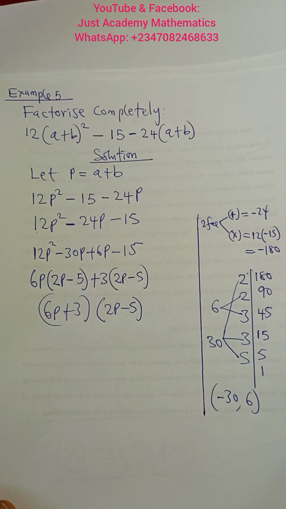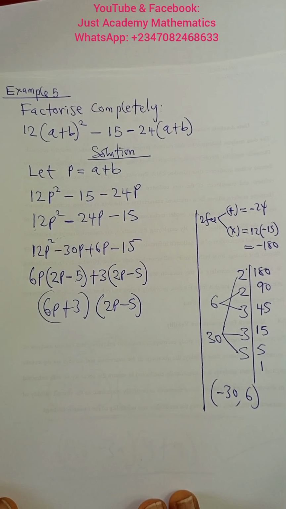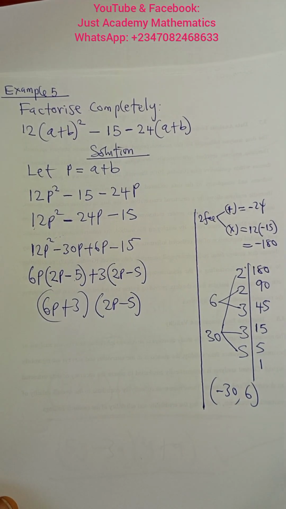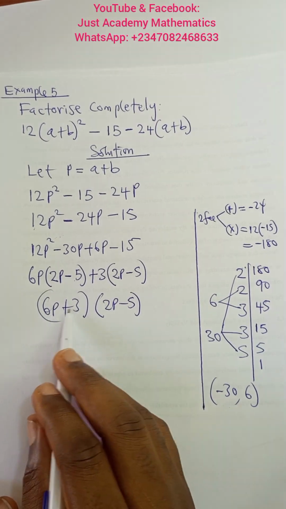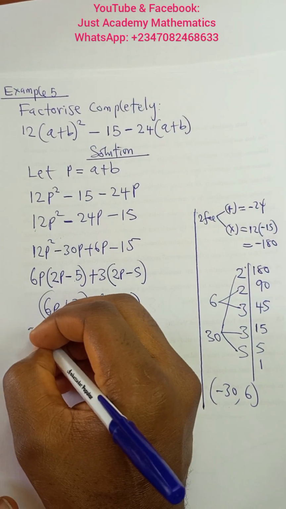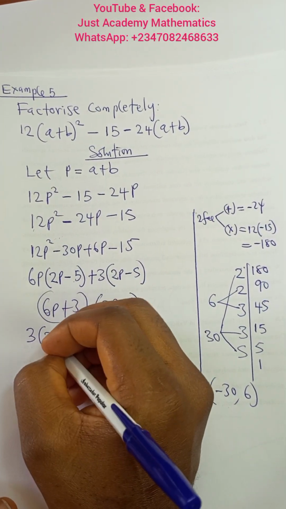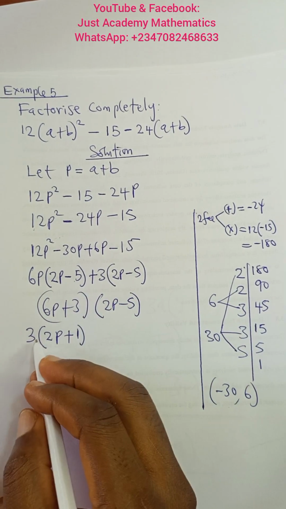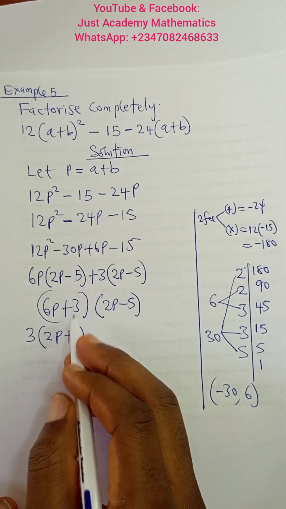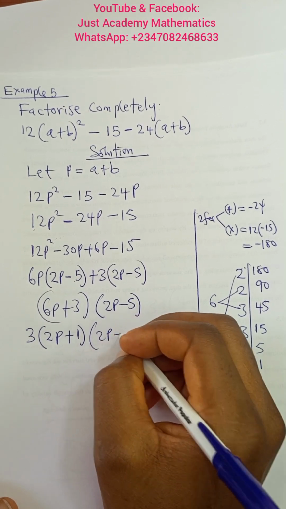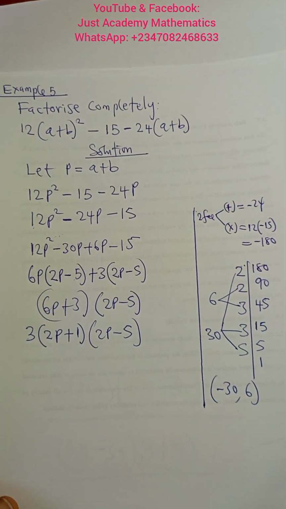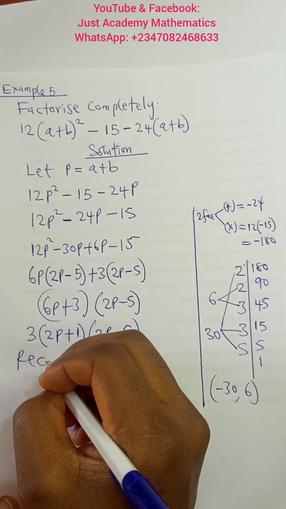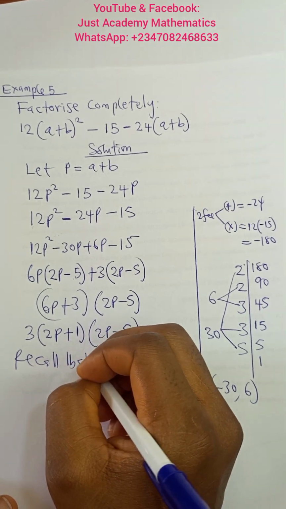Are you there now? We can notice that 3 is also common here. So if 3 is outside, what will remain? It will remain 2p plus 1, because this is 6p, this is 3, times 2p minus 5.